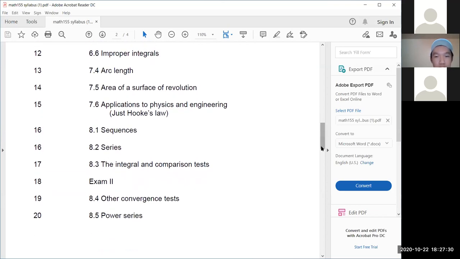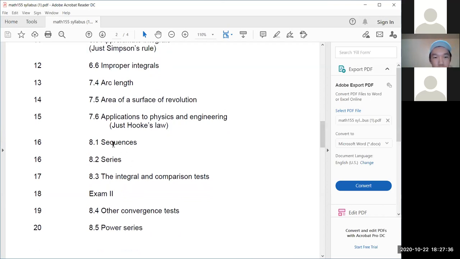Let me see if I can estimate when I should put the next exam. We have 3 more topics: sequences, series, and the integral and comparison test. I'm going to estimate 4 more lectures. Each one should take 1 lecture, but probably one of them will take more than 1.